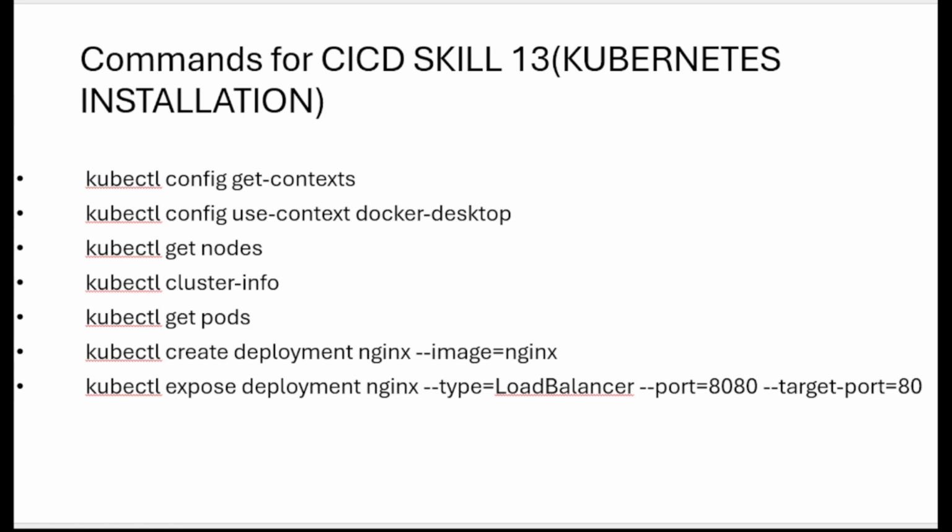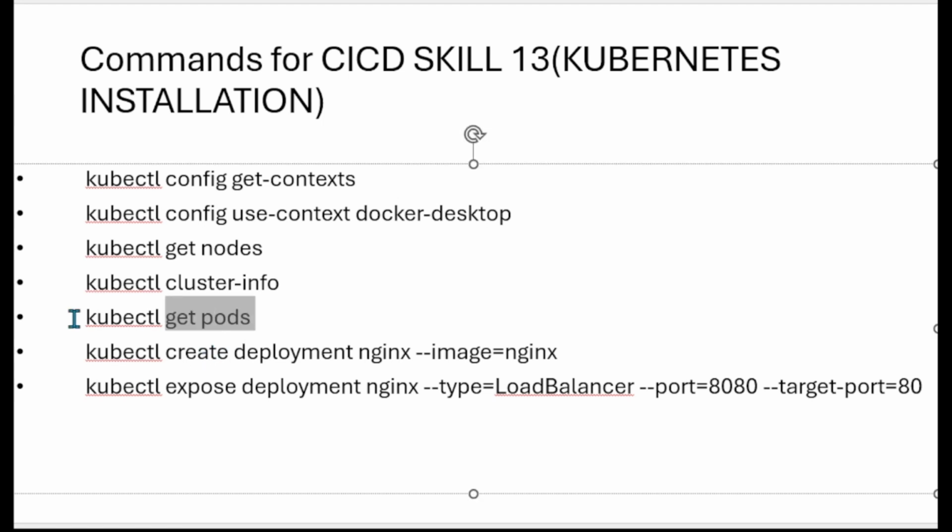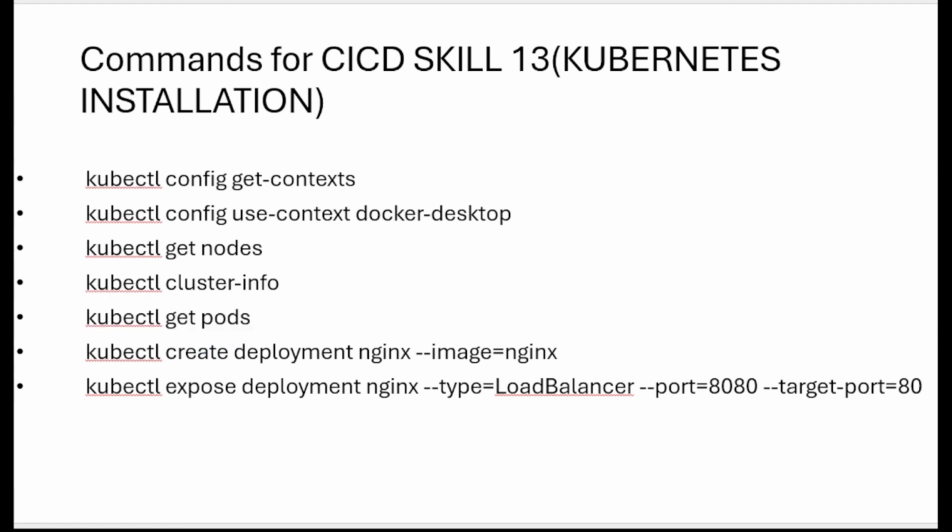Next, get pods, which returns the pods. Next, cluster-info, which you can think of like the present working directory in Linux, or the ls command, working in a similar kind of way.